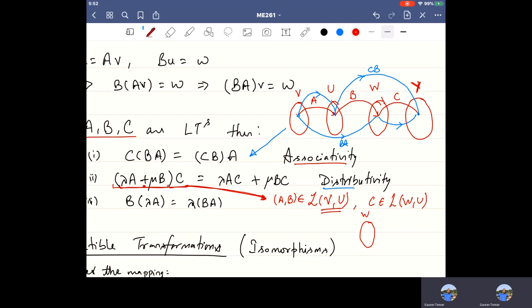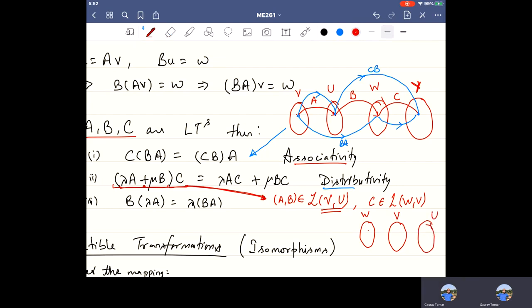Now you have W here, and then U here, and we have to say actually W to V. See, this is why Venn diagrams are so useful, so that you don't make mistakes.